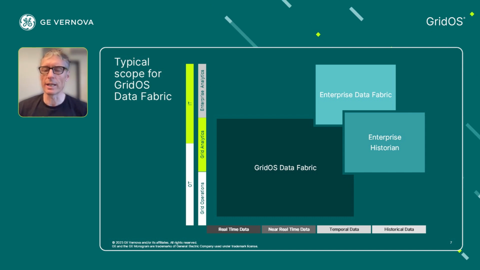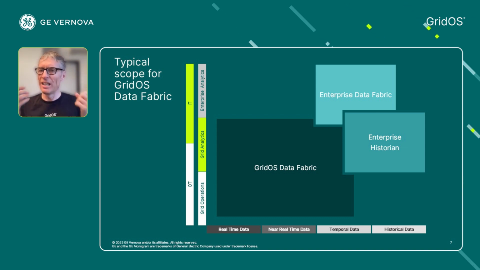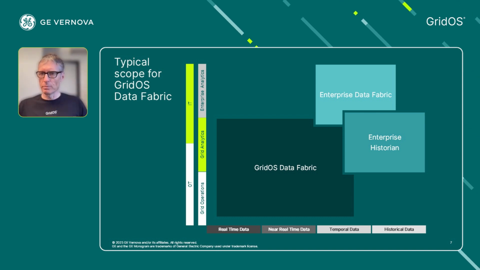Fabric, including GridOS Connect, we always had grid orchestration, operational, real-time use cases in mind. That is important. So when we talk about the data fabric, when we talk about Connect, then everything is related to real-time data or near real-time data or temporal data.